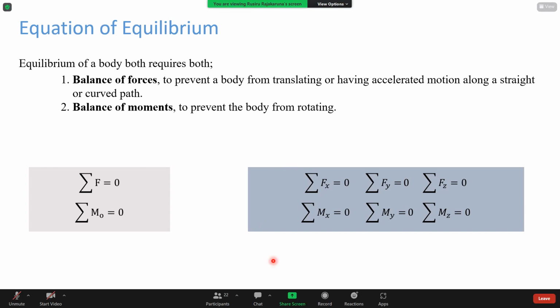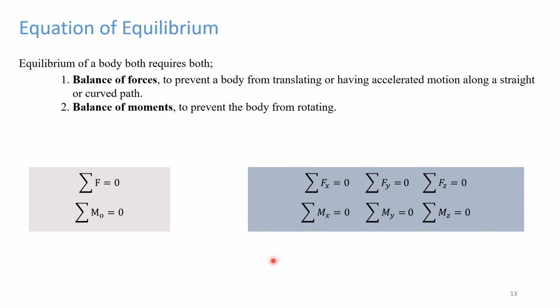That means it's a kind of a real object. But in our case, most of the time we use Fx only. Sometimes Fx and Fy both, but definitely not Fz. Very rarely it comes.